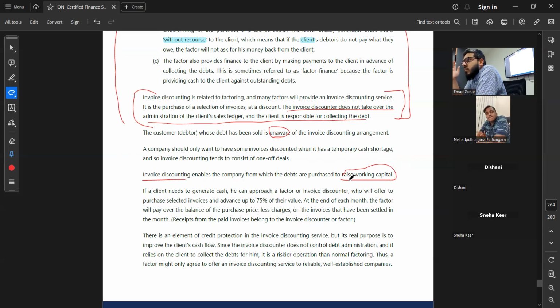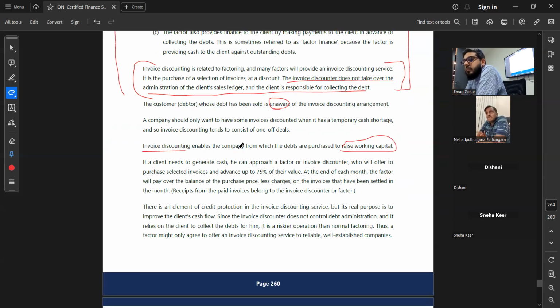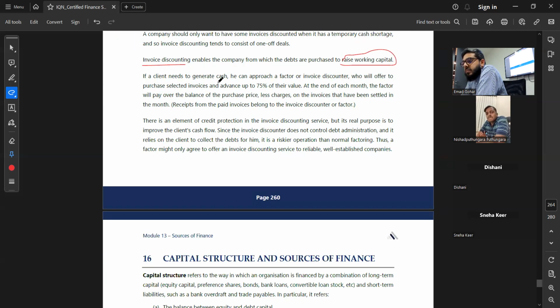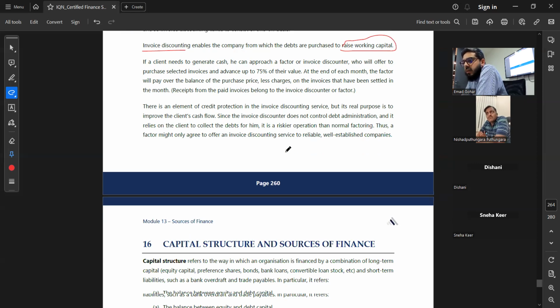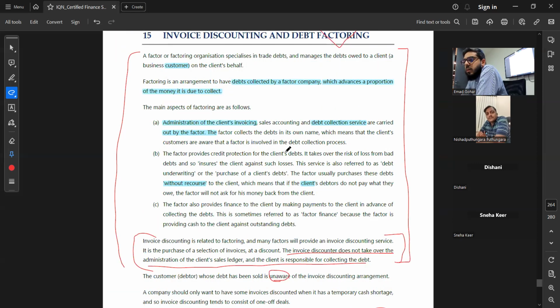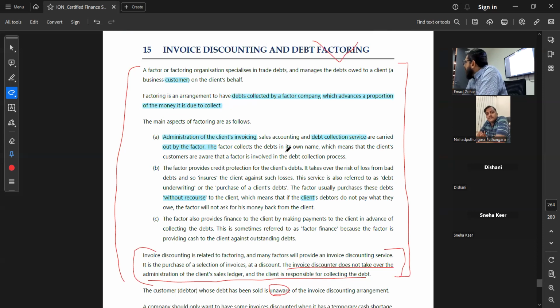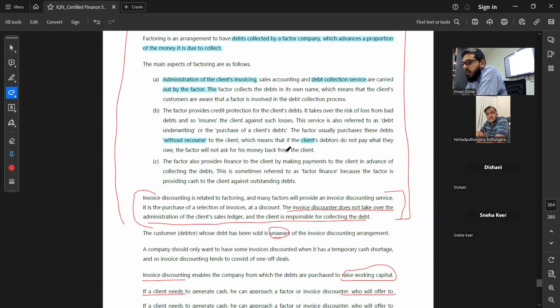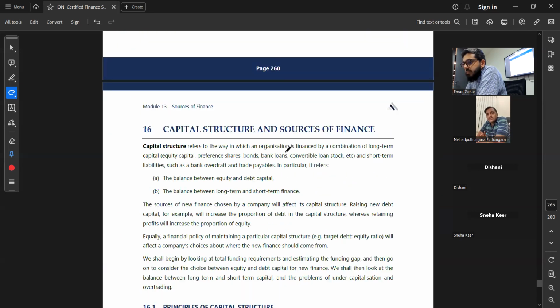In millions normally, big amounts. Then they are giving you the same example I gave you already, so you can read it later on. So this was invoice discounting and factoring. Clear? Main points you need to remember, which I told you. That's more than enough for exam perspective.